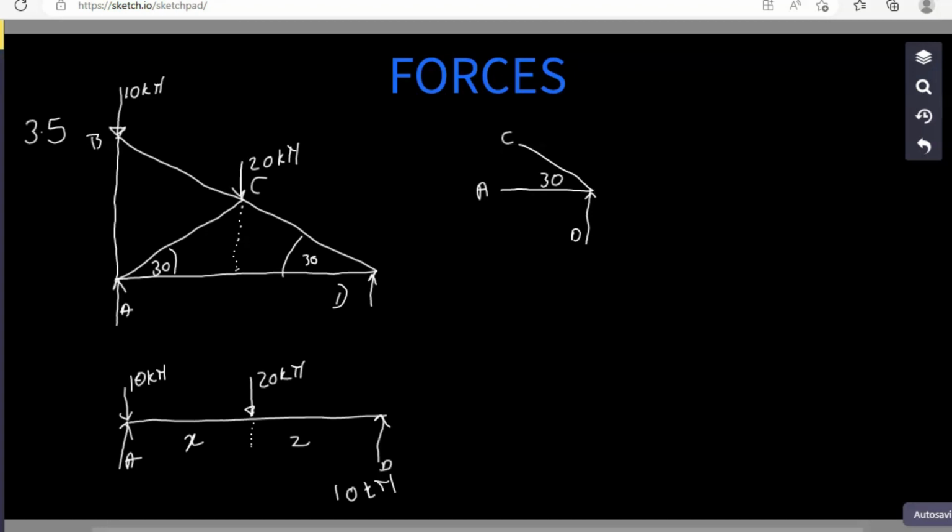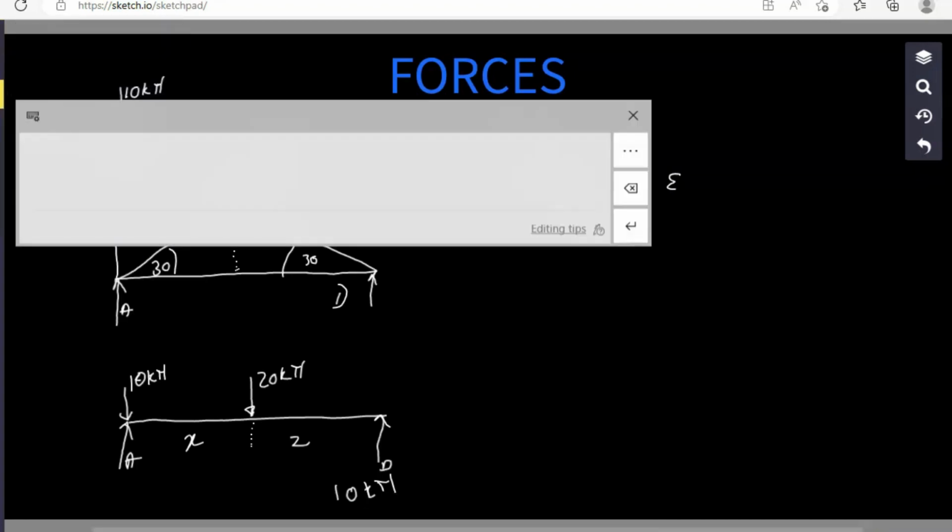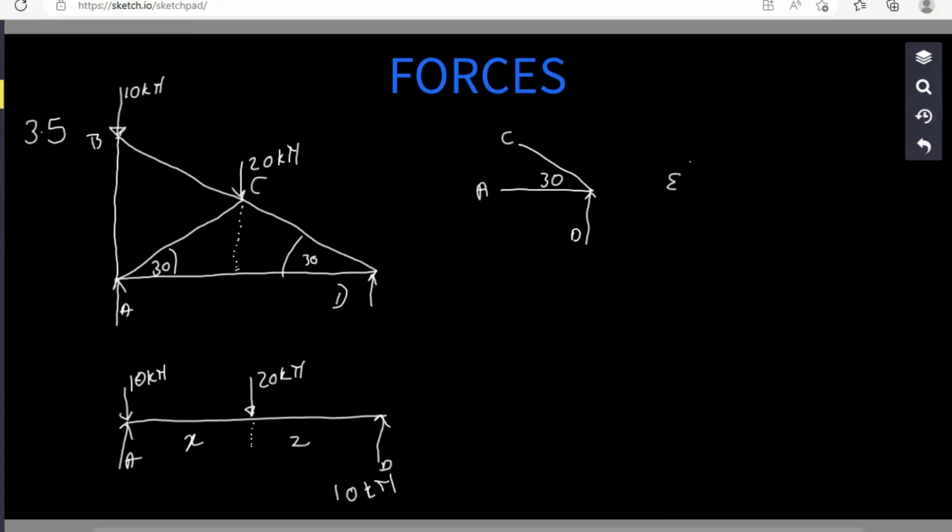We are now going to say the sum of the forces going up is equal to the sum of the forces going down. The force that is going up is D, and we know D is 10 kilonewtons. So we're going to give this direction towards this point.